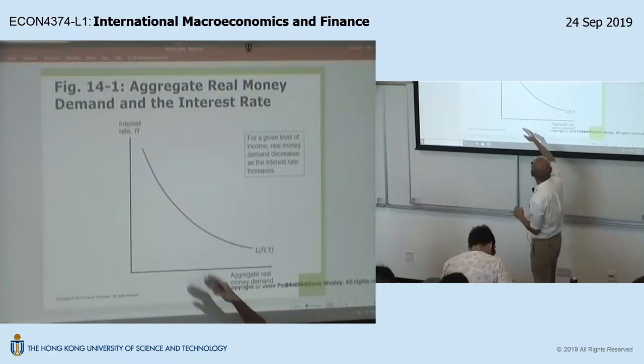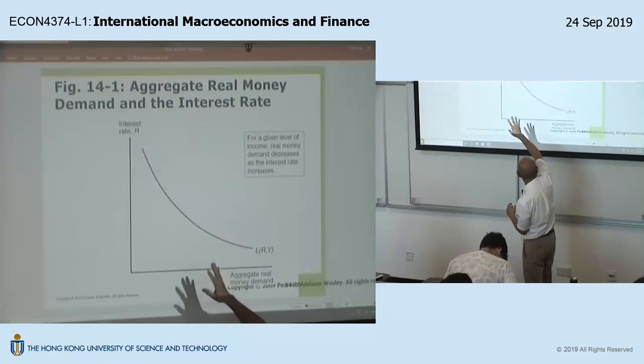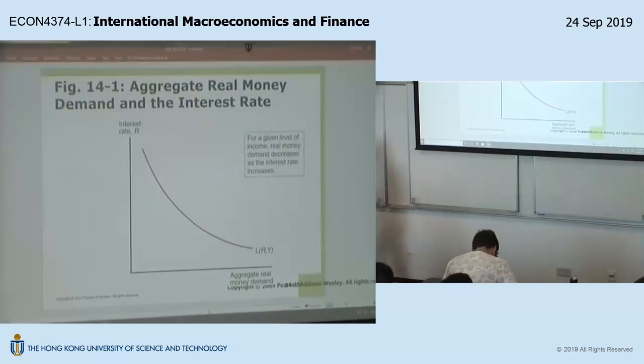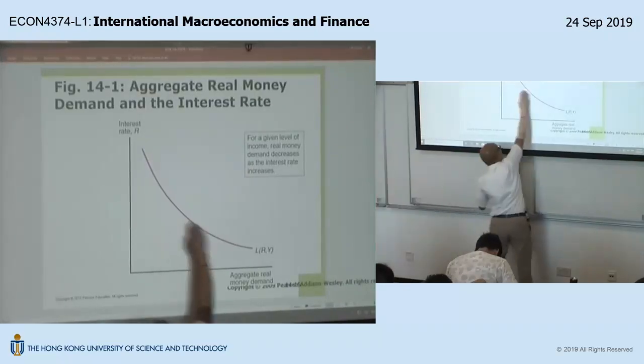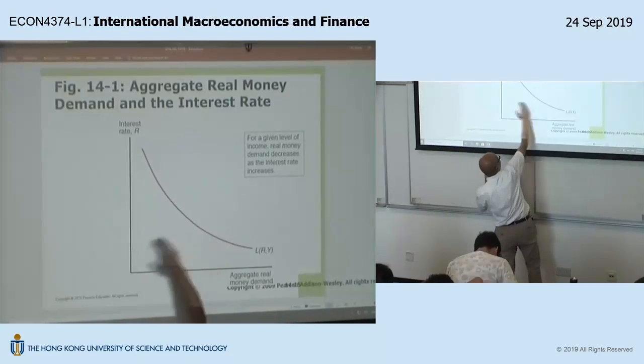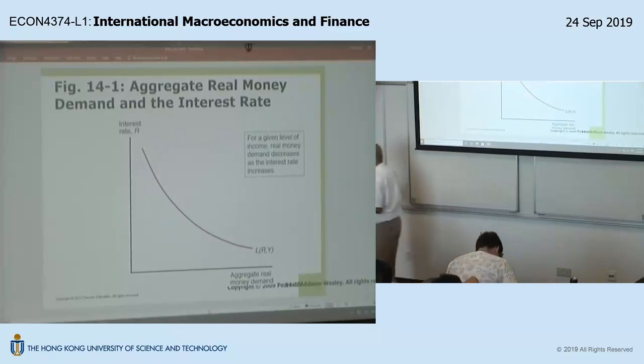Because interest rate is so important, we plot this L function as a function of R. Just now we said this is a negative relationship, so when interest rate is higher, there is less demand for liquidity, because the opportunity cost is higher.